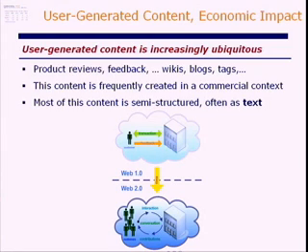As a consequence, it's our conjecture, and a fairly reasonable one, that this content is having an economic or business impact. For instance, if you go to an online retailer and read a bunch of reviews of a product, your purchasing decision is influenced by the content in those reviews. So there is an economic impact of this user-generated content, and it seems like something businesses should be paying attention to.